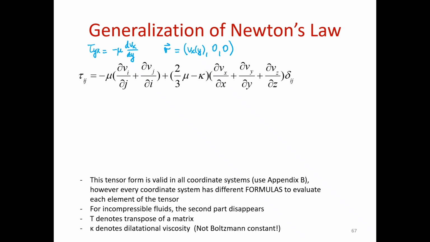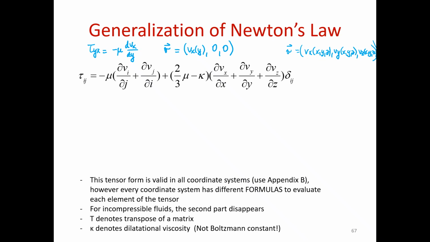Now if my v actually does have other components, so I have v in general as vx of xyz, vy of xyz, and vz of xyz, and it's very characteristic of me to run out of space. There is a coefficient here. We're going to explain the coefficient.